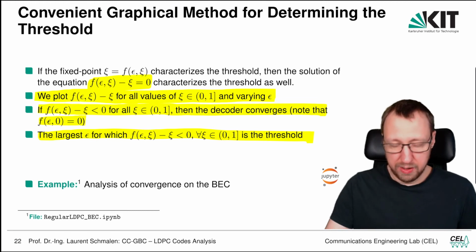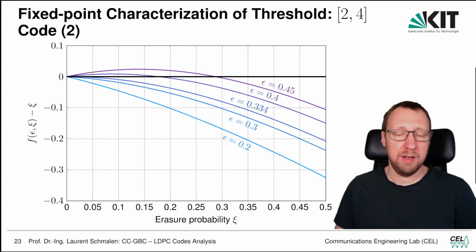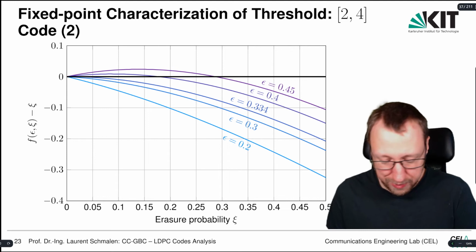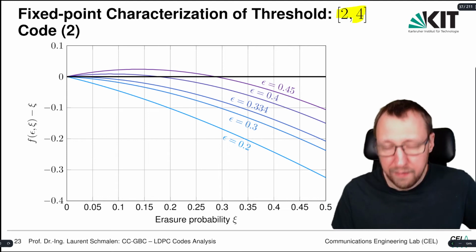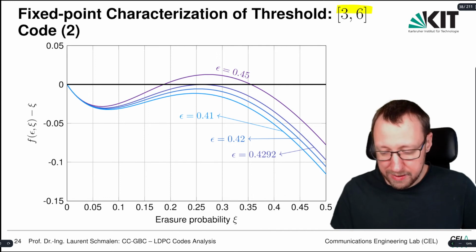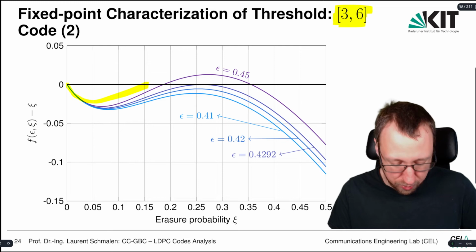So here we also see this in a slide, what I just showed in the Jupyter notebook. So here we have this fixed point characterization for the 2.4 code, and the same for the 3.6 code. So here we see that we have the two fixed points.